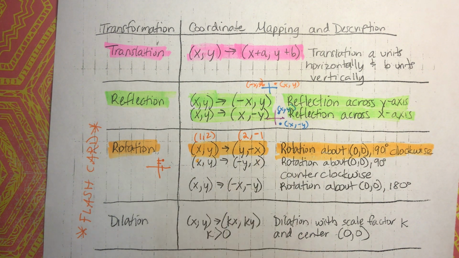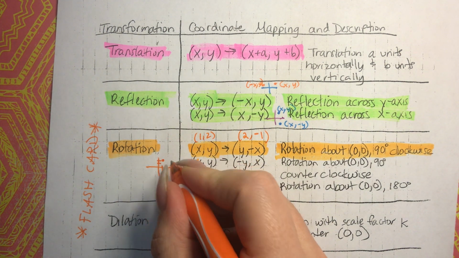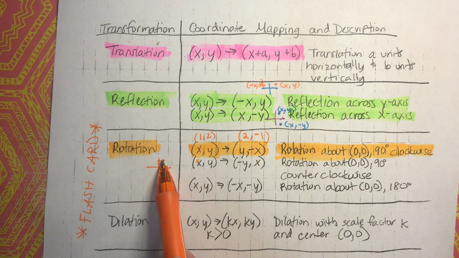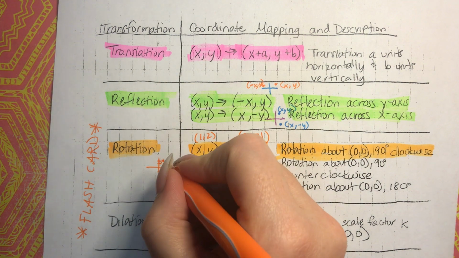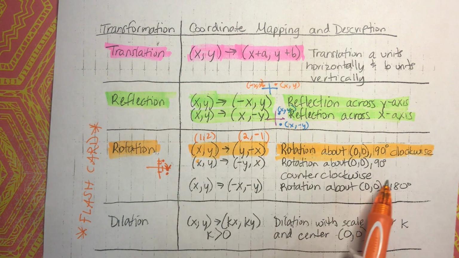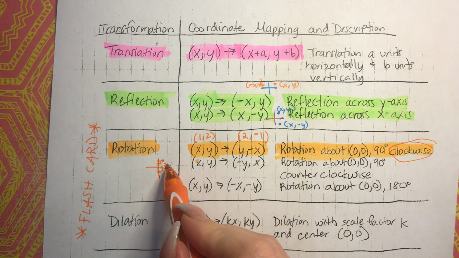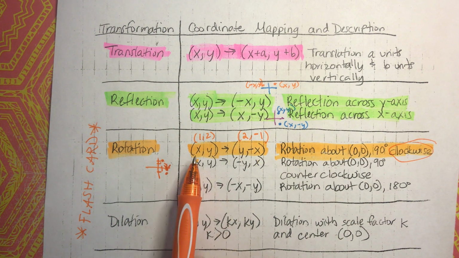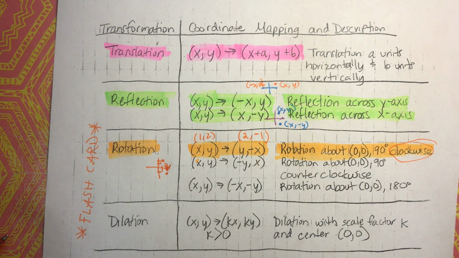Yeah. Okay. So then what happens? 2, negative 1. Then that same point, you're here, and then it rotates down here. Okay? So it's a rotation. This is going in the clockwise direction. That's how you get this clockwise right here. It's going here, kind of like around the clock. Okay, so that's the rule for that one.